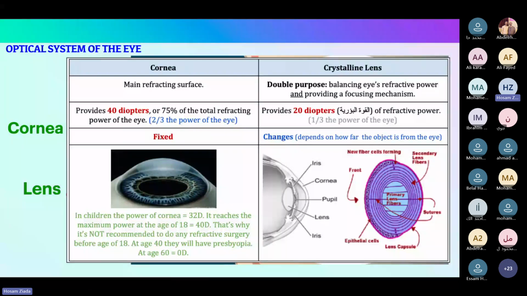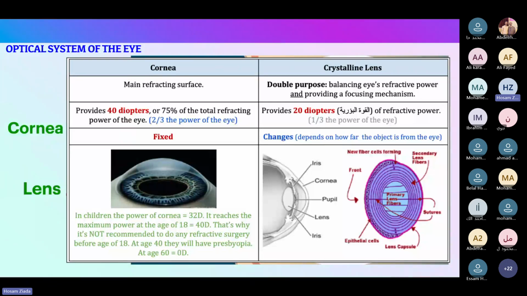When you are trying to see a far object, you will see with both surfaces while they are relaxed. But as the object gets closer to your eye, the angle of the light rays coming from this object will change and be more obtuse. So the light rays will be diverted more and need to be converged again.